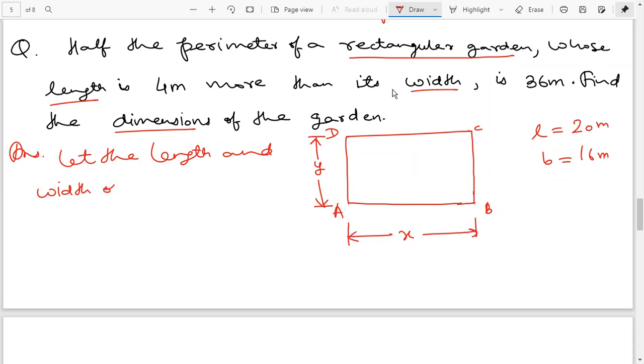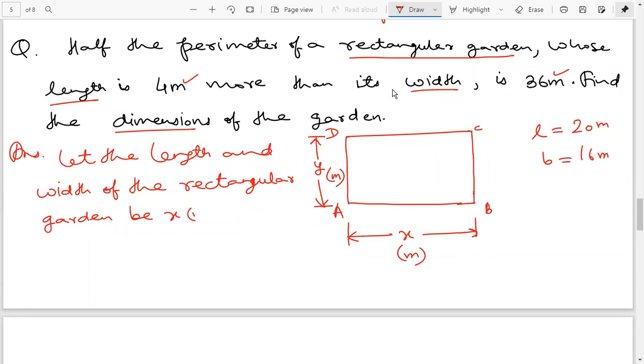Let the length and width of the rectangular garden be, say, dimensions in meters, x meter and y meter respectively. Respectively is very important because it is one by one. So length is x and width will be y.